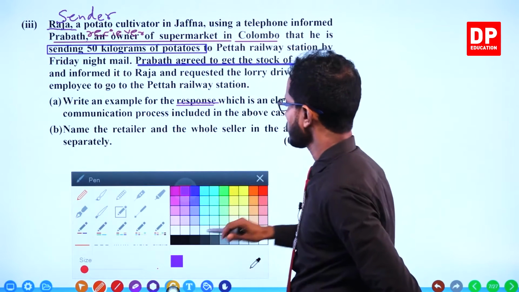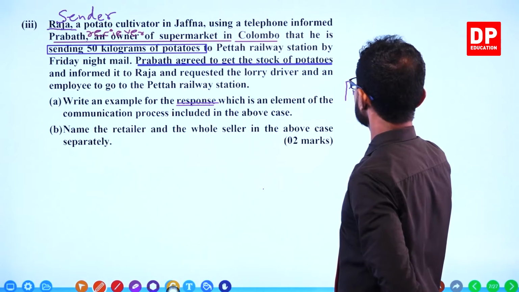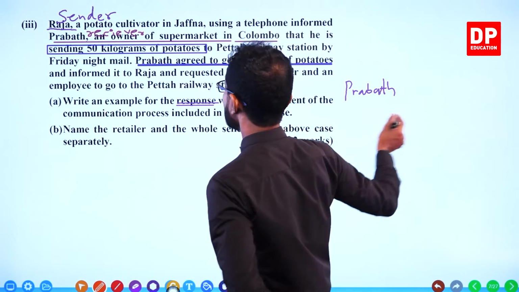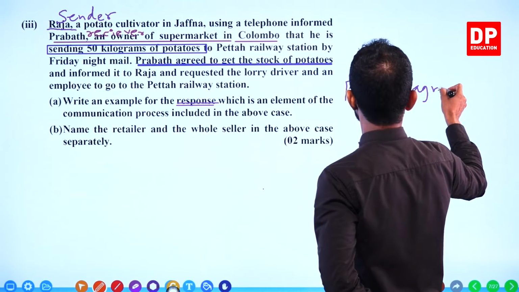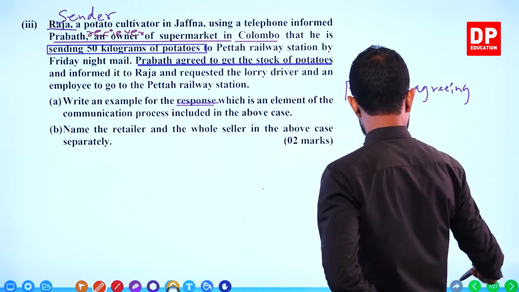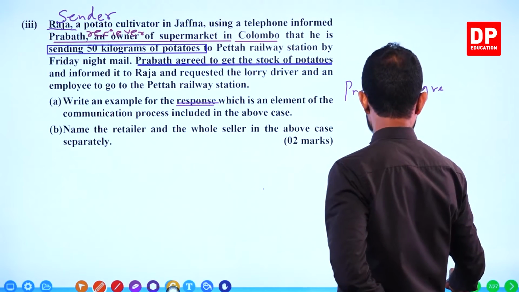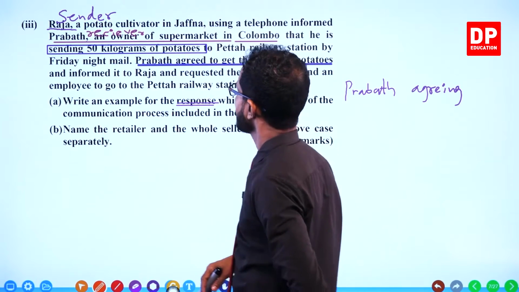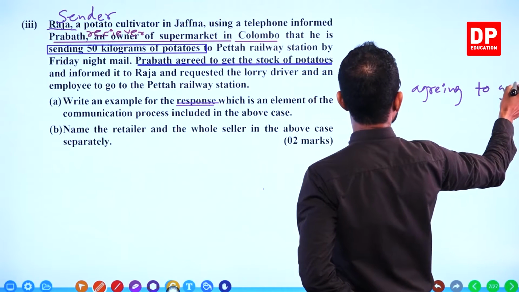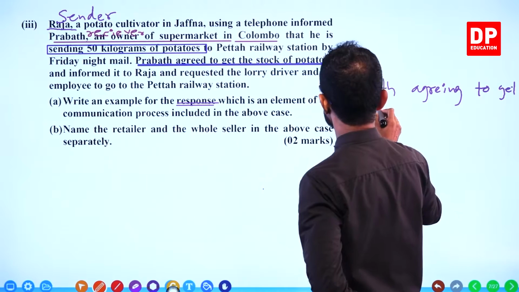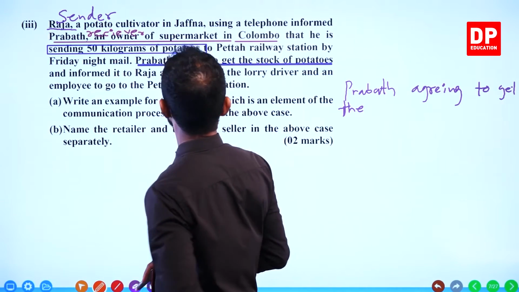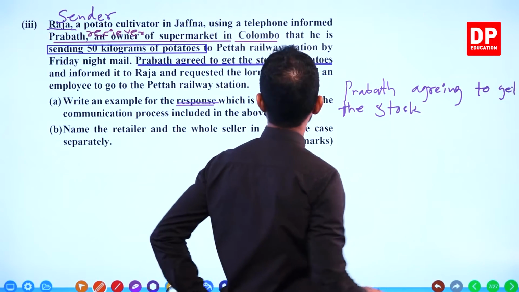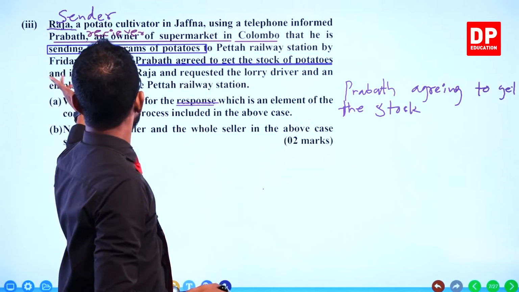Response is Prabhat agreeing to get the stock of potatoes, and informing it to Raja.